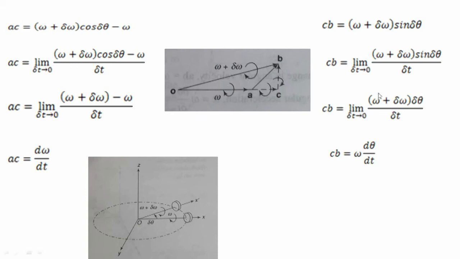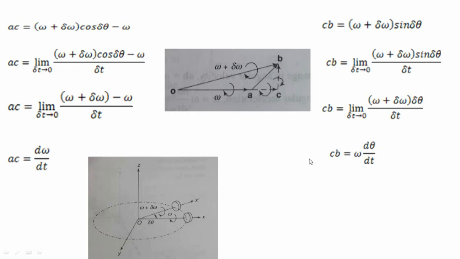The product of delta omega and delta theta becomes so small that it can be neglected, and only the residual term is kept.